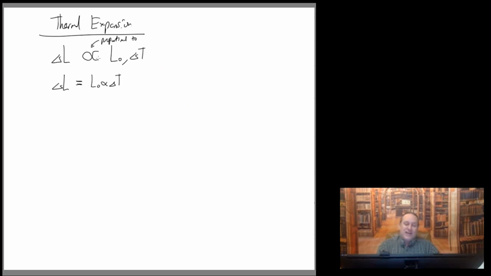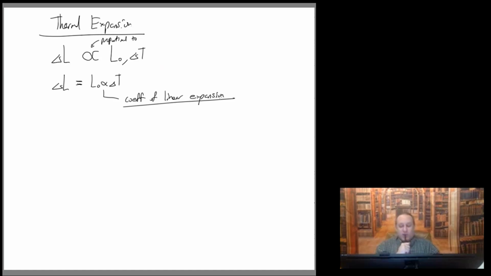I know that looks a lot like my proportional to symbol, but this is the alpha like for angular acceleration. In this case, it is called the coefficient of linear expansion. It's a number we look up.